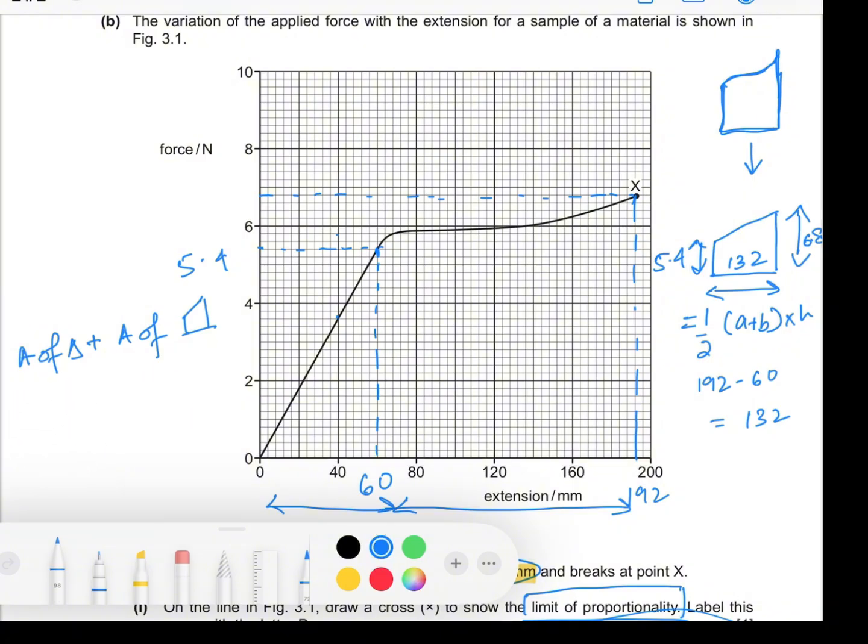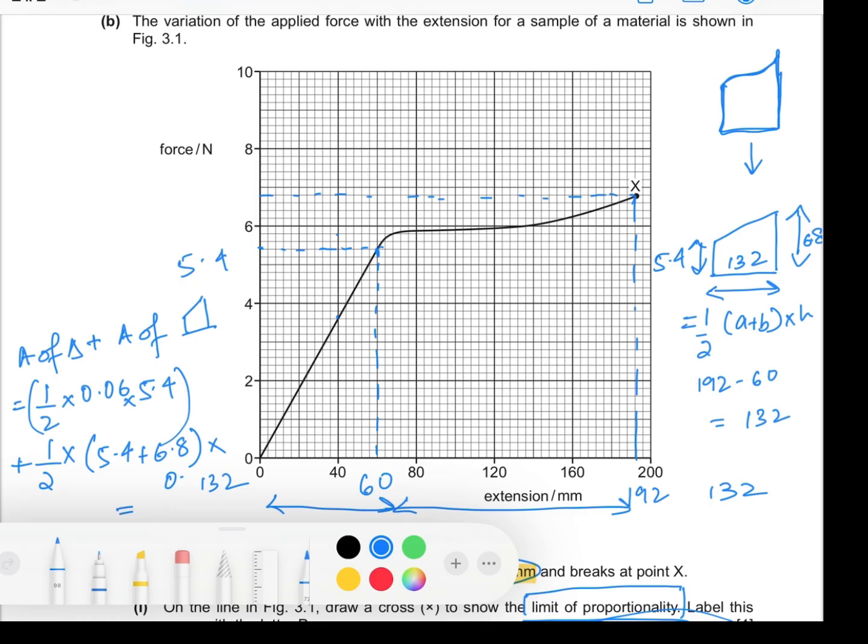This will need to be half into 0.06 multiplied by 5.4, and to that you will add the area of the trapezium, which is half into the sum of the parallel sides, which are 5.4 and 6.8, multiplied by the distance between them, which is 132 millimeters, and that's 0.132 meters, and the sum of this is equal to 0.97 joules.